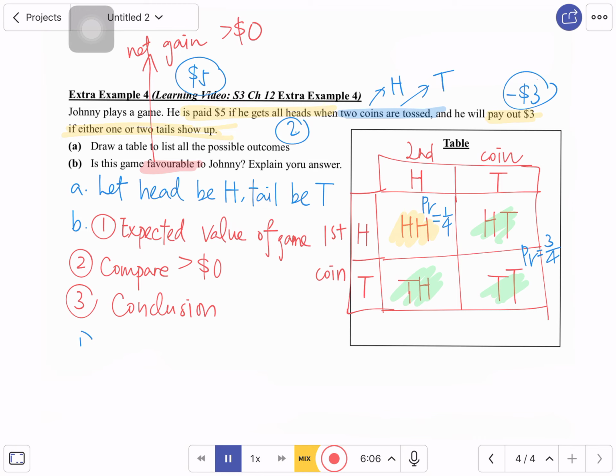Now we go to the first step, that is the expected value of a game. So actually there are two scenarios.